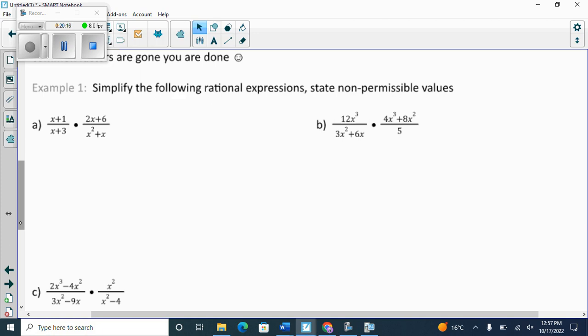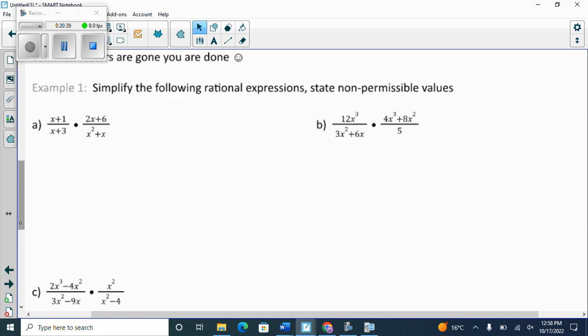Okay? Adding and subtracting, our first step is going to be getting common denominators. But for multiplying, dividing, and just a basic simplification, one over the other, our first step is GCF, difference of squares, every numerator, every denominator separately. So let's look at the first one. We have example 1, simplify the following rational expressions and state non-permissible values.